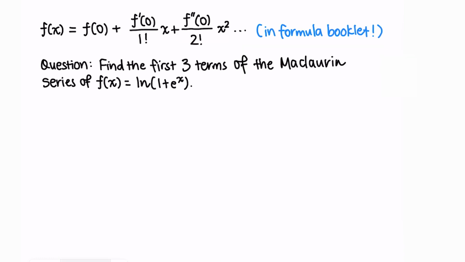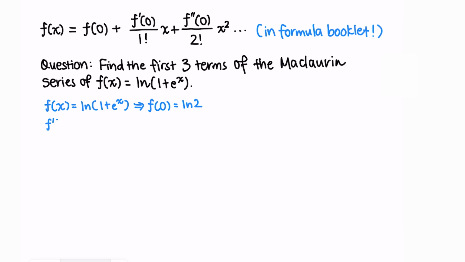Now let's try this question. Find the first three terms of the Maclaurin series of f(x) equals ln(1 plus e to the power x). So the first term, if you see over here, we need to find out what f(0) is. So we have f(x) equals ln(1 plus e to the power of x), which means that f(0) is just ln(1 plus e to the power of 0), which is just equal to ln 2.